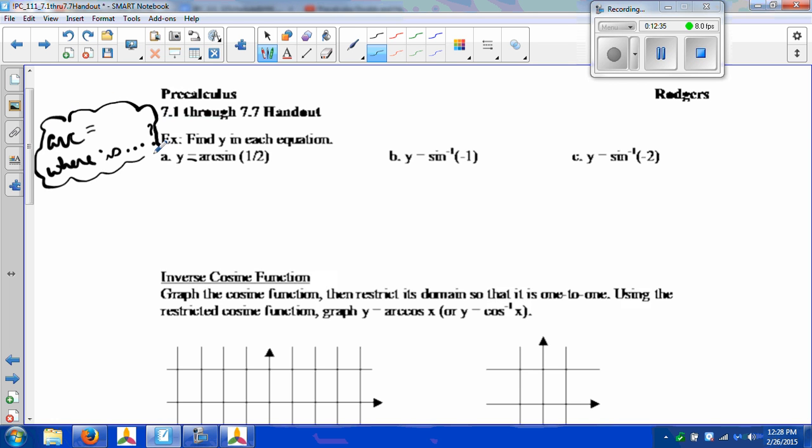So y equals, remember, this is actually a theta, because the output of an arc function or an inverse function is an angle. The input is the ratio. So I'm just going to go, where is sine a half?